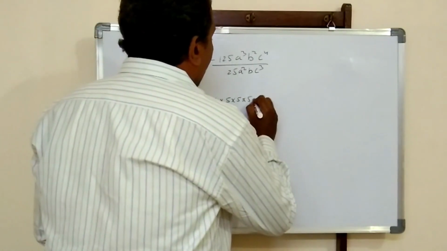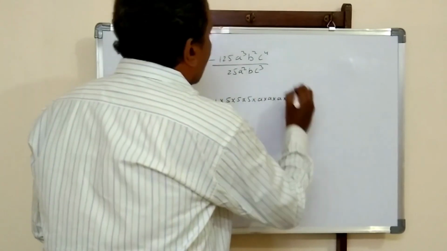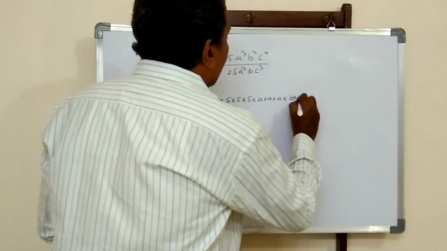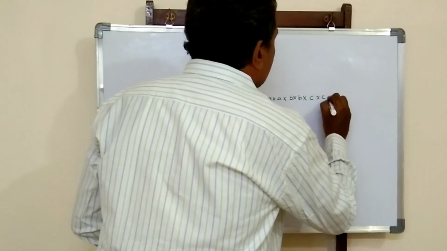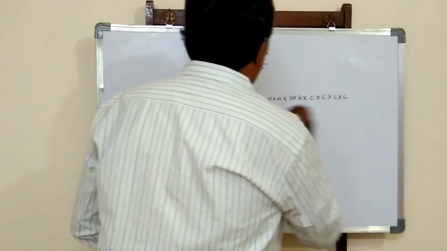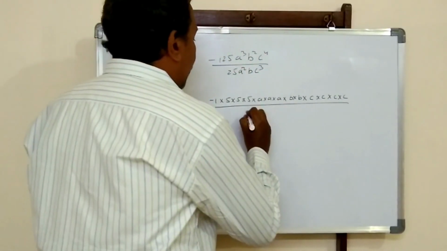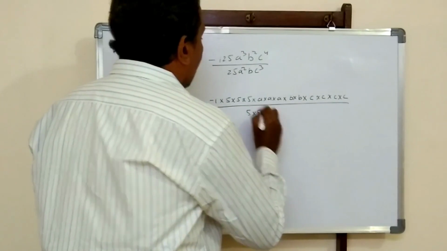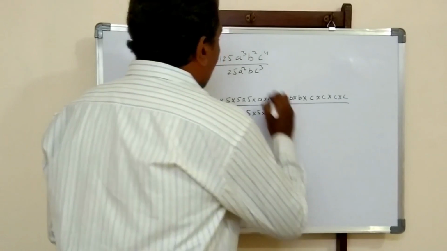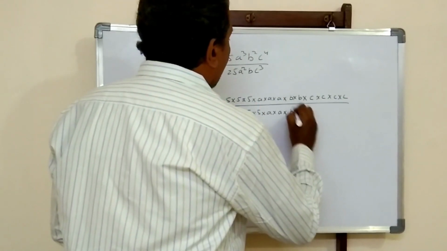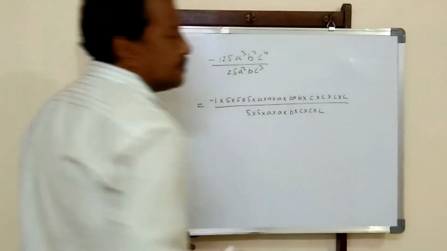Into a cube, a into a into a, b square, b into b, c power 4, c into c into c into c, divided by 25, 5 into 5, into a square, a into a, into b, into c cube, c into c into c.